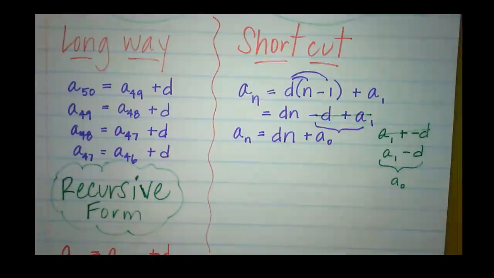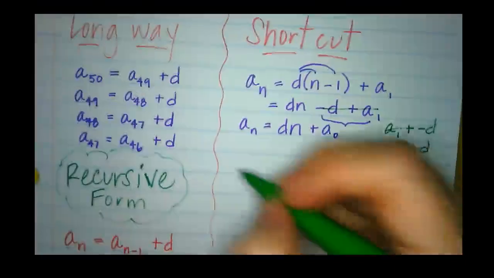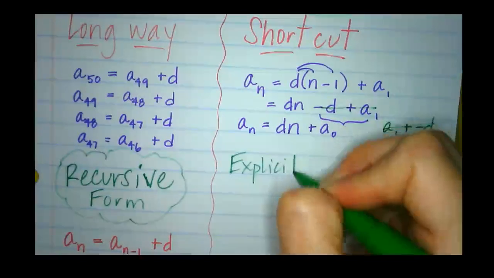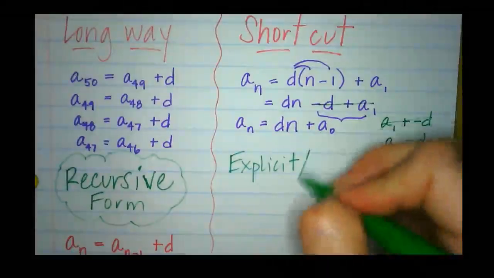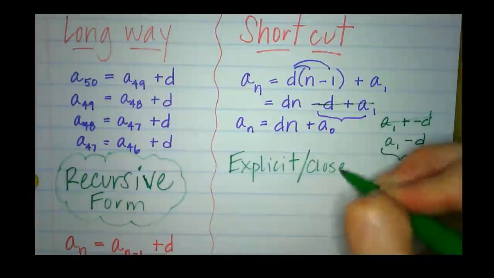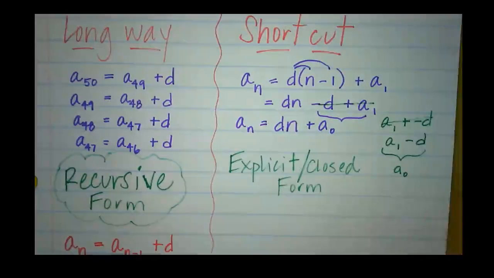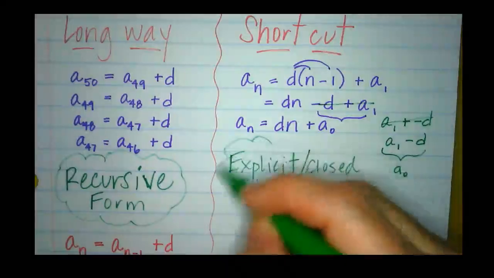But we can say that it's the term before the first term. All right, now this is known as the explicit or closed form. If you think about what explicit means, and not necessarily in music, but that's fine also, it's direct and to the point.